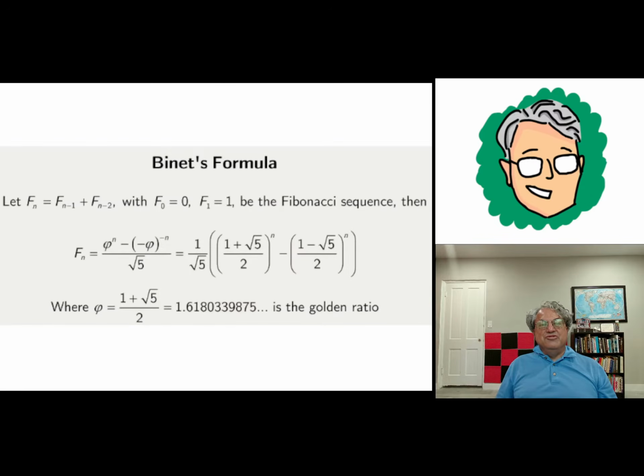The square roots of 5 cancel, and you're just left with phi. Of course, there is a very small error due to the term on the right, but that error goes to 0 as the indices get large. So that kind of proves that the ratio of two consecutive Fibonacci numbers approaches the golden ratio.